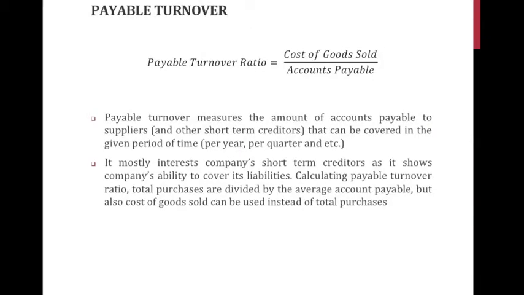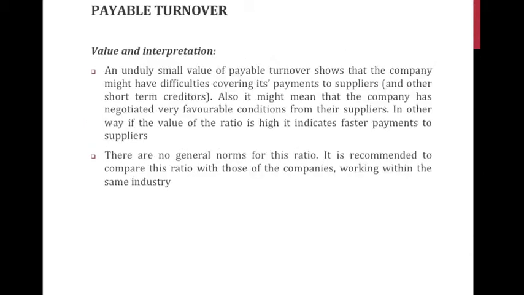In the same way, we can calculate the payable turnover ratio, just dividing cost of goods sold by accounts payable. The interpretation is the same. For example, if we get a number of 2, we can divide 12 months by 2 and see that it takes 6 months. An unduly small value of payable turnover shows that a company might have difficulties covering its payments to suppliers.